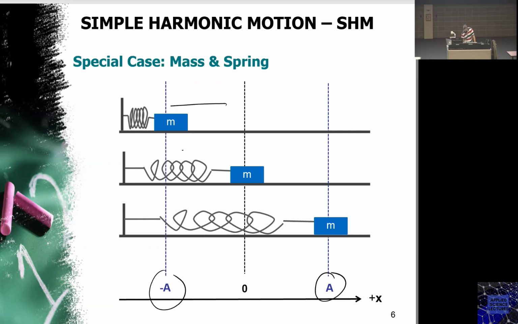So pressing it this way will result in pushing this mass this way, continuing all the way till it reaches that point and then flipping back again. If the system is ideal and I have 0 friction, then this system is going to oscillate indefinitely. It's not going to stop oscillating.